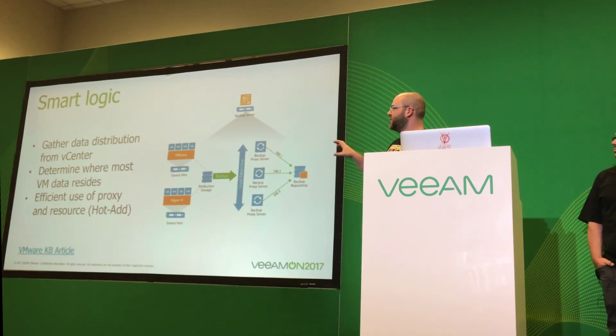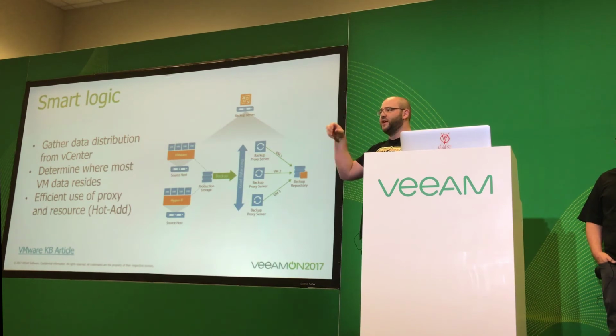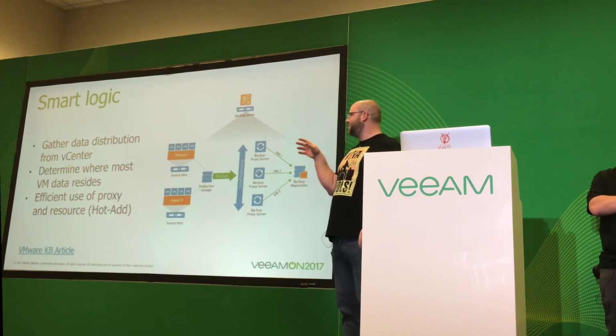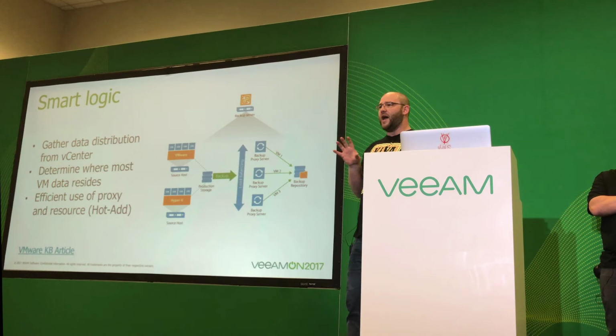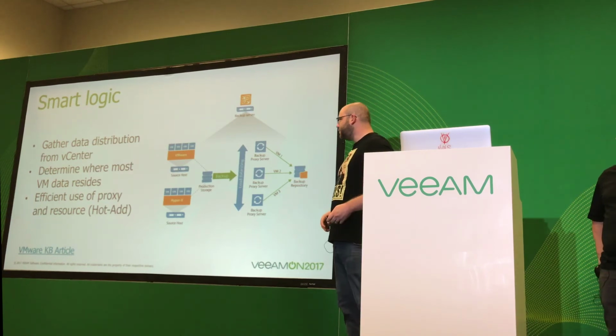What Smart Logic actually does is allow us to use vCenter to determine where the data blocks reside, and then use the appropriate proxy to pull the data out. So you're not having to go to host 3 when the majority of VM1's data is residing on host 1. There's some clever, smart logic, if you will, that goes through and picks where the blocks are residing so that we can pull them out in a more efficient way.